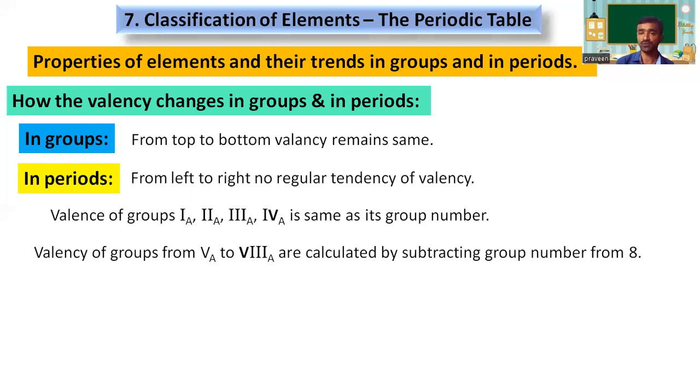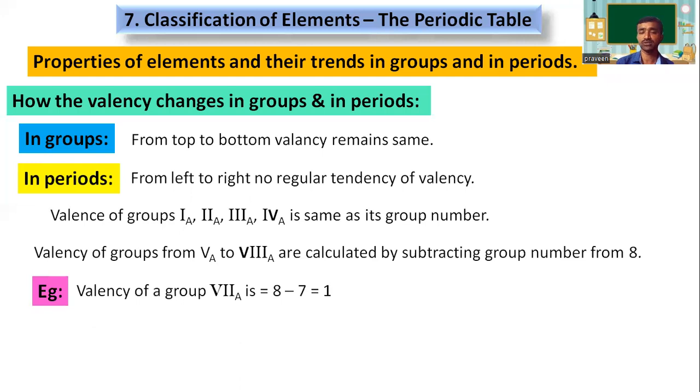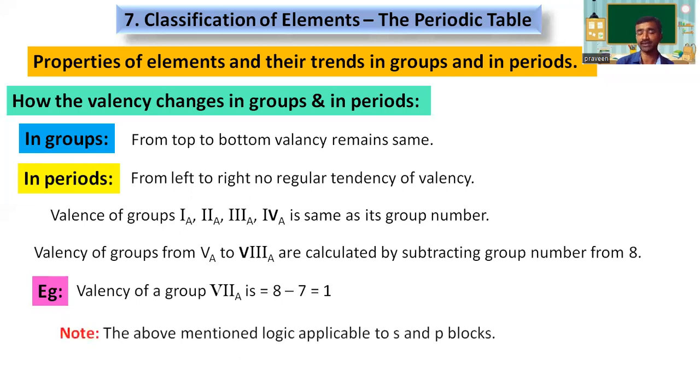So 8 minus 5 gives you 3. 3 is the valency of group 5A. This is also one of the easy techniques for finding valency, and it is applicable especially for s and p block elements.